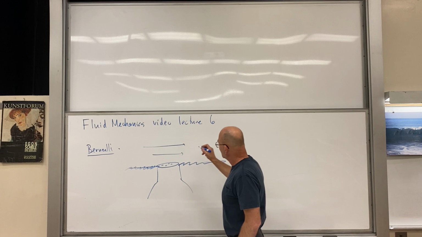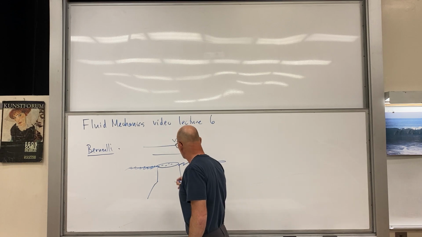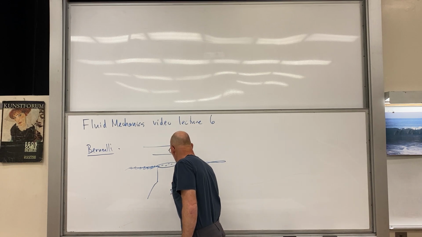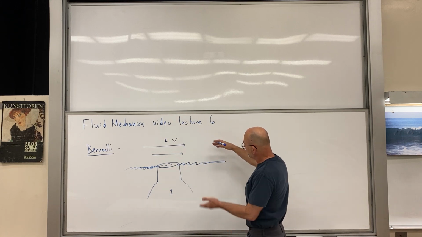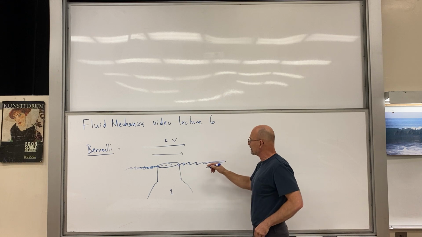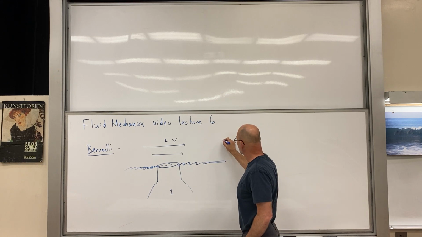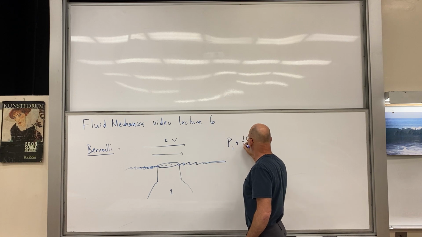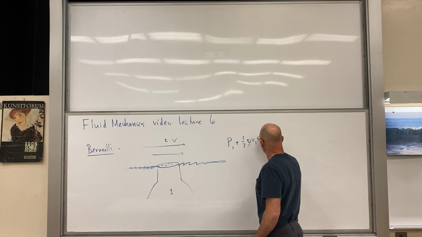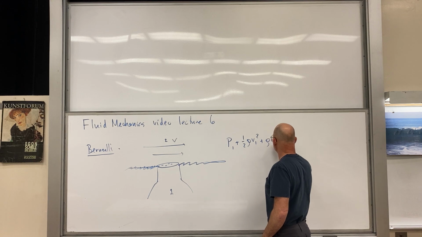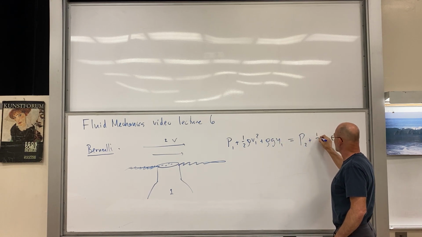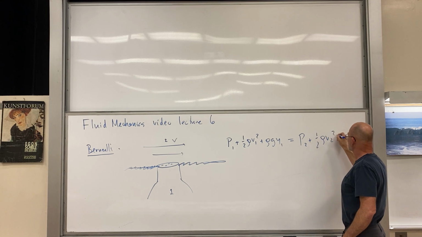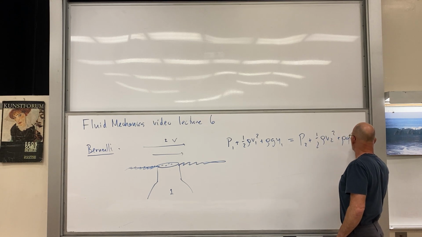But we can just call this 1 and this 2 up here. And if the y-axis difference is very negligible, let's go ahead and write this first of all. So Bernoulli's equation will have P1 plus 1/2 rho V1 squared plus rho g y1 equals P2 plus 1/2 rho V2 squared plus rho g y2.